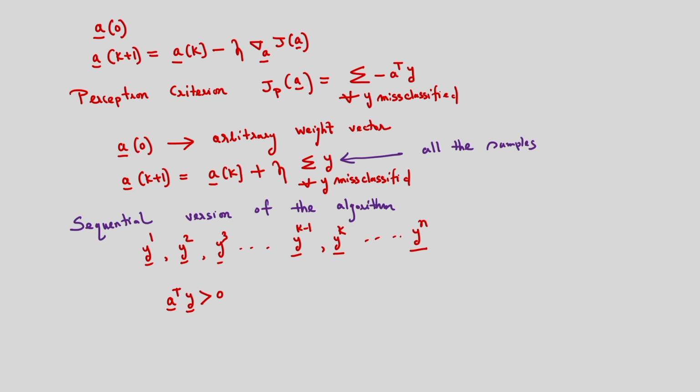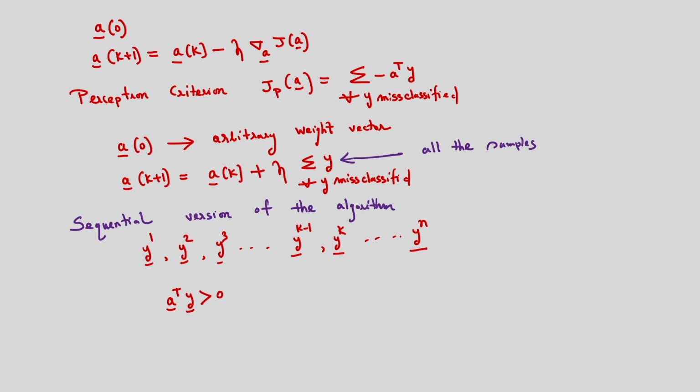In this case, all the samples belonging to the class omega 2 are negated already. In the sequential version of this algorithm, first I have to consider y1 and see whether the condition, A transpose y greater than 0, is satisfied or not. If it is satisfied, then we need not consider y1, and we go to the next sample.